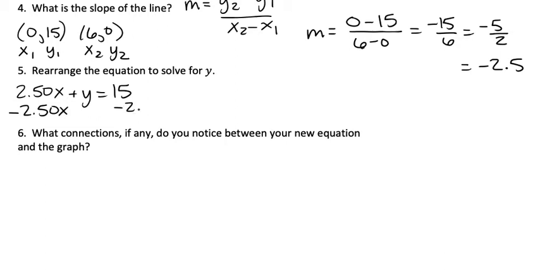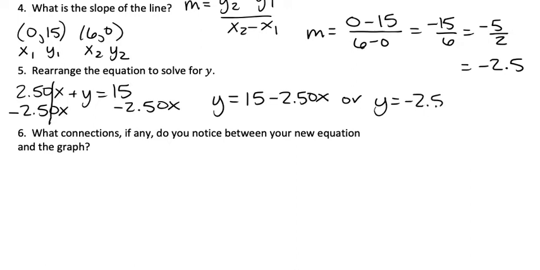This is similar to how we would solve an equation for y, but the big difference here is that we're not getting a single number for y. Instead, we're getting a formula. So I'm going to have y equals 15 minus 2.50x, or I could write it as y equals negative 2.50x plus 15. Or instead of 2.5, I could use the negative 5/2 that I calculated earlier.